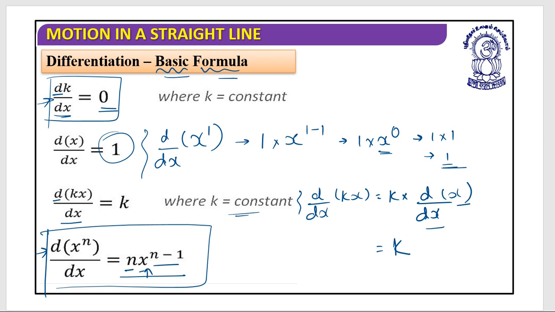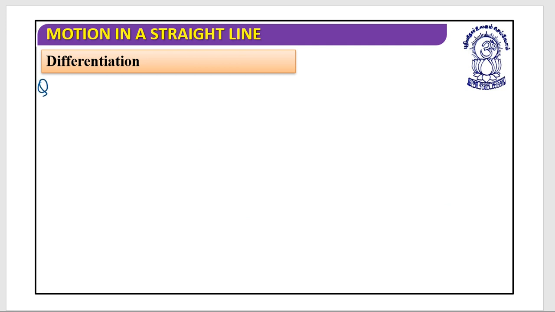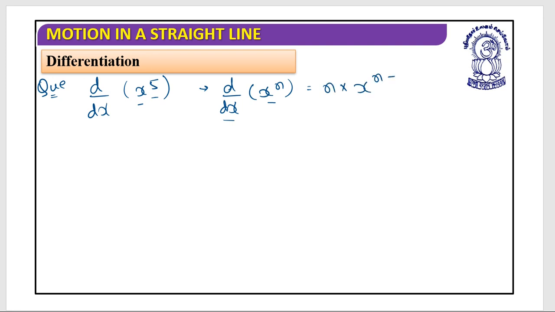Let's practice these things. Let's say they have given d by dx of x to the power 5. First I need to compare this with the standard result, d by dx of x to the power n, which is equal to n into x to the power n minus 1.